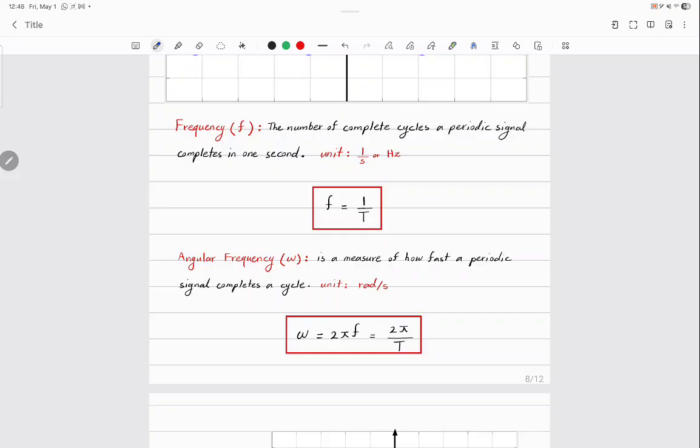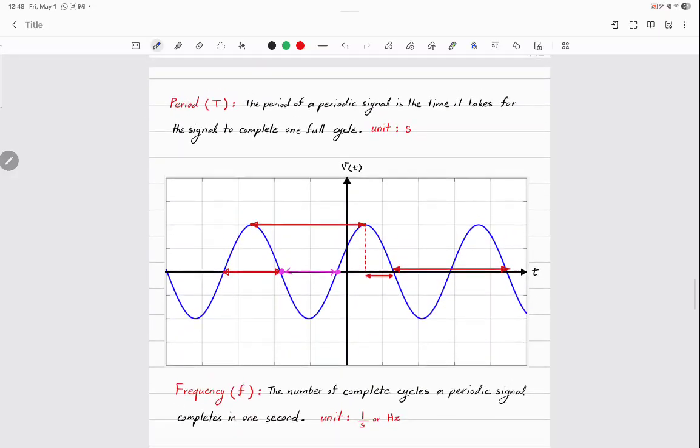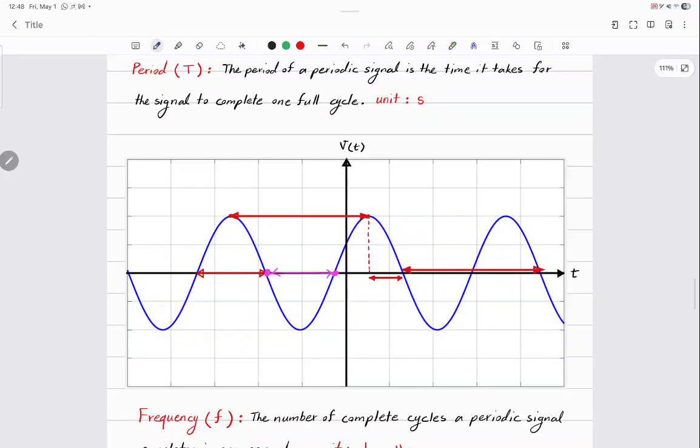Hertz is the other term for 1 per second, or second inverse. Now here, can you tell me which of these horizontal lines are representing the period of this wave or function?